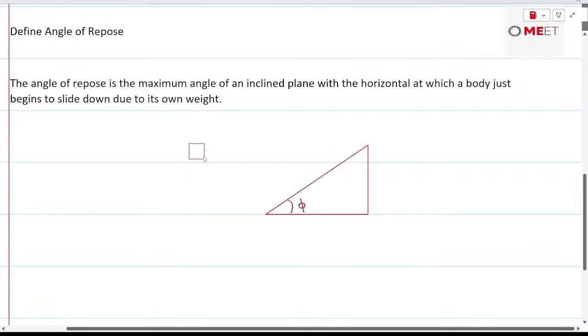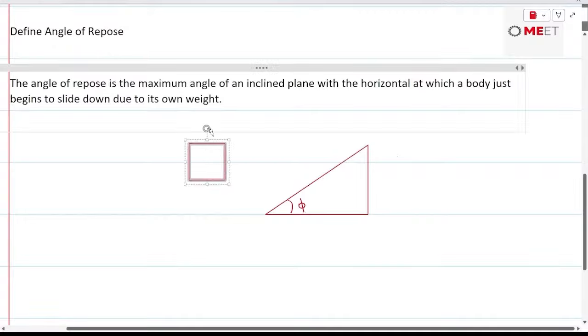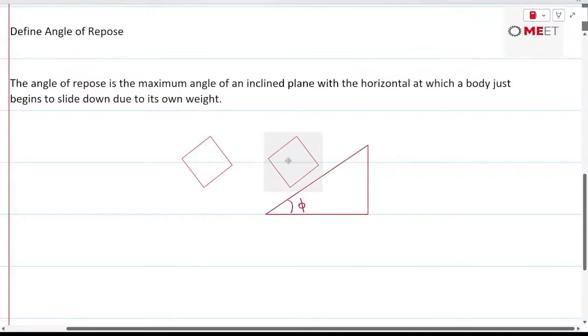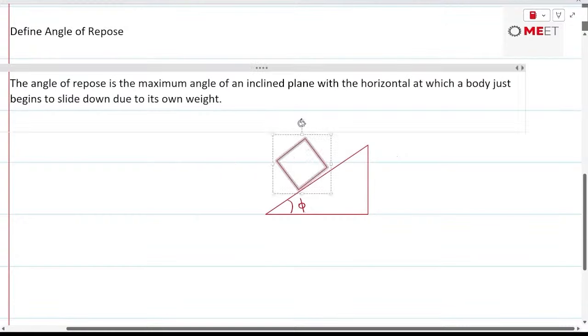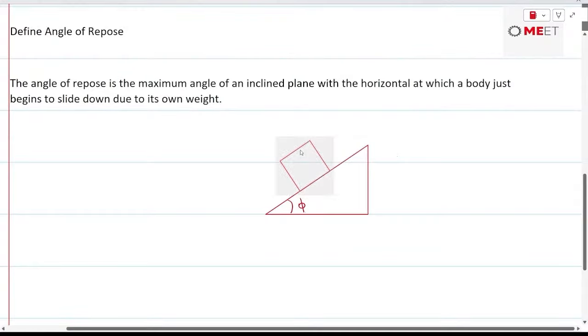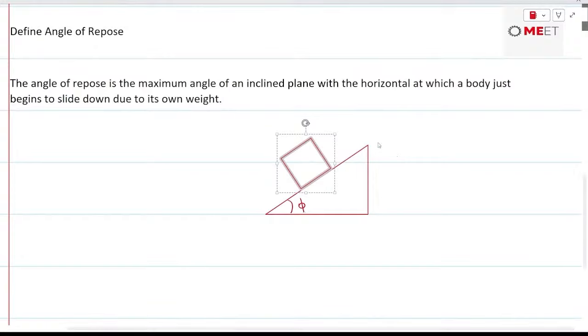So let's say this is the block that has been placed on the inclined plane, and the block is tending to slide on its own, or the motion of the block is impending, I should say. The motion of the block is about to start. It's not started actually. And when the motion is impending, then that is called as angle of repose.